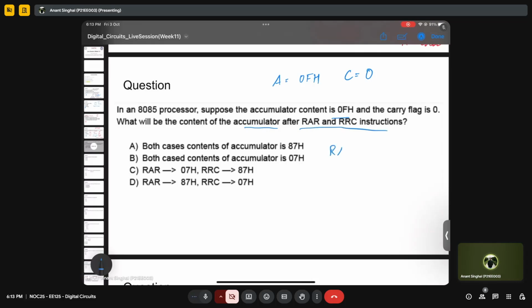We have two instructions given. One is RAR and one is RRC. Both of them operate in a certain way. If you already know the operation, please let me know the answers in the chat box. You can take at least 2 minutes to solve this because this is actually a good question. You can try it out on your own first.